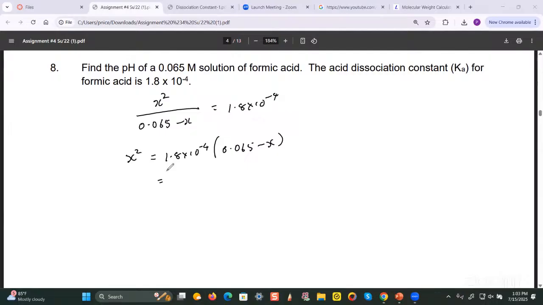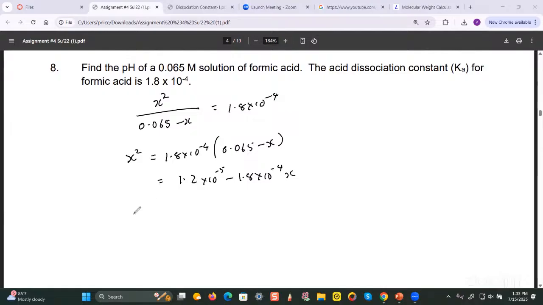Distribute. So 1.8 times 10 to the minus 4, we multiply that by 0.065, and this gives, rounded off to 2 sig figs, 1.2 times 10 to the minus 5, and then here we get minus 1.8 times 10 to the minus 4 times x, all right?